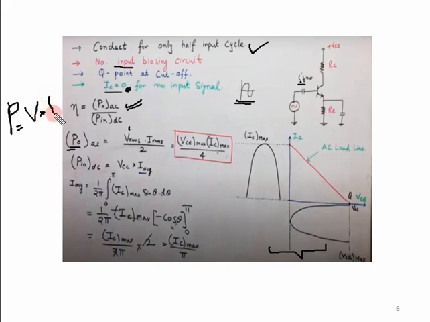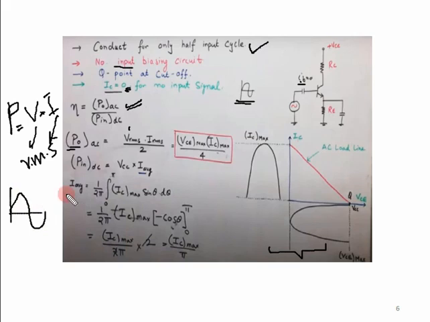This is the basic definition of power. If it is a sinusoidal signal, I can replace the voltage with its RMS value, and similarly I can replace the current with its RMS value.